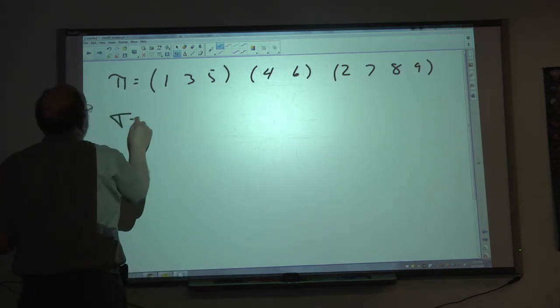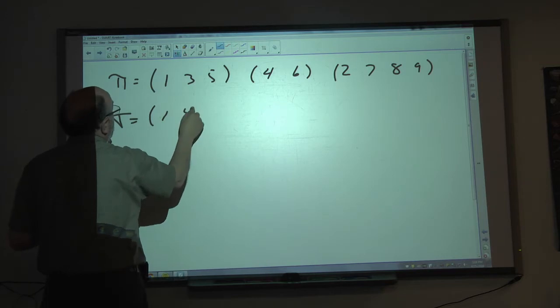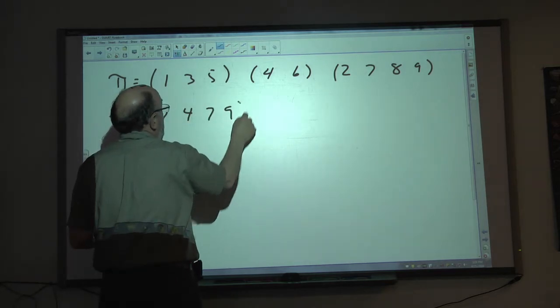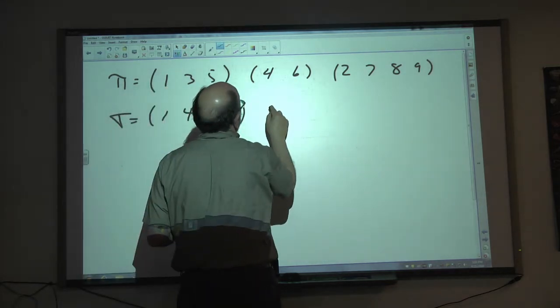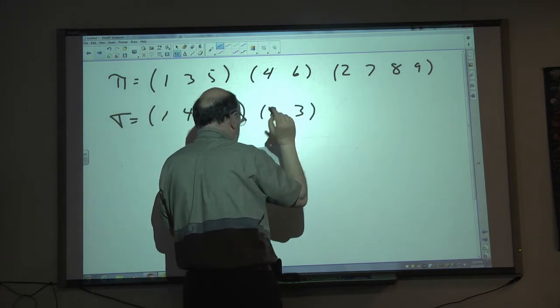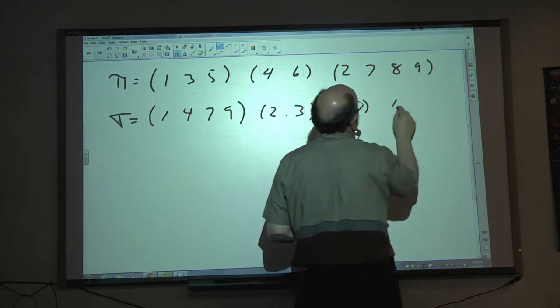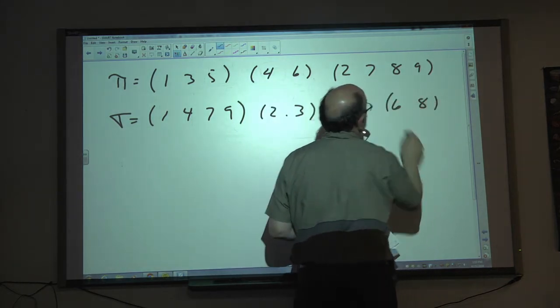And then I have sigma, which is going to be given by the cycles 1, 4, 7, 9, 2, 3, 5, 6, 8.